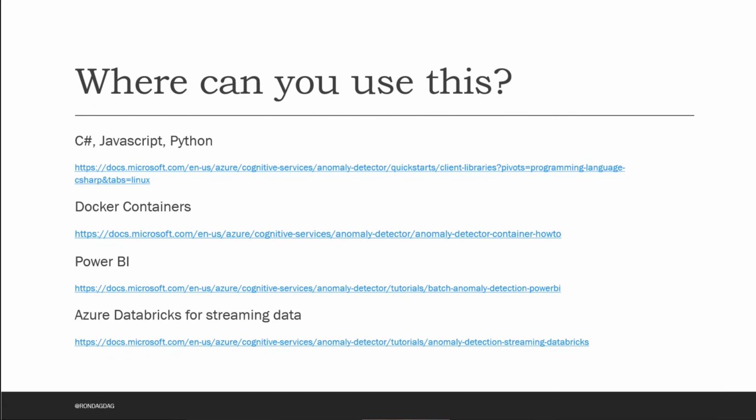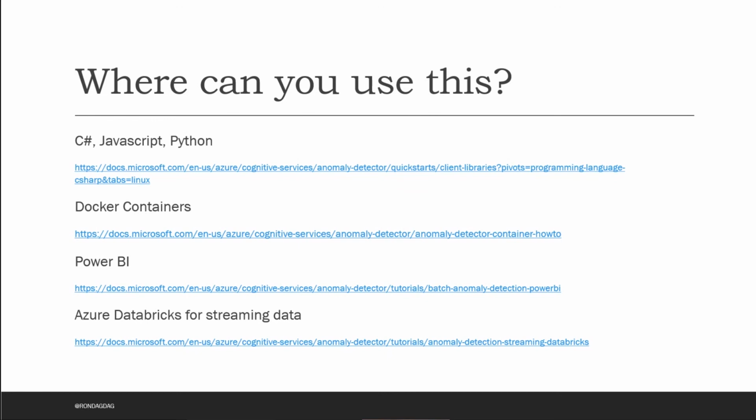There is Azure Stream Analytics, which has a command to have anomaly detection included in detecting on your streams, and also there is ML.NET, where you can use anomaly detector.